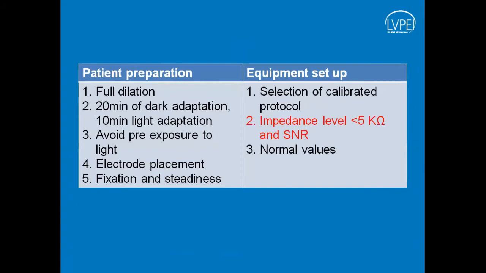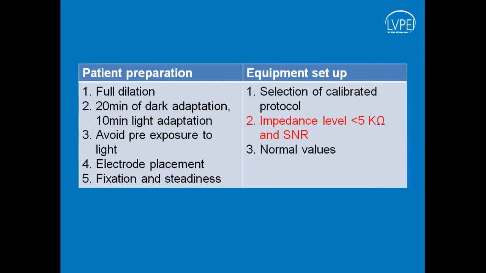Once we start an electroretinogram, we need to give a proper adaptation. But the most important point we need to look at during the test is the signal to noise ratio, which is written here in the highlighted bold red mark. Less than 5 kilo ohm is expected.